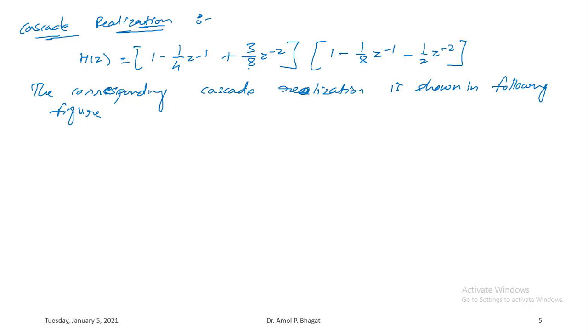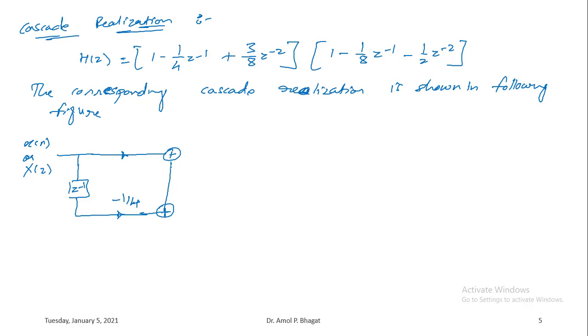Here again you can draw this realization horizontally or vertically. So let's draw it: x of n or x of z will be the input. The first term is 1, so this one gets added here, then z inverse is required, one delay element, which is multiplied with constant minus 1 by 4, right?